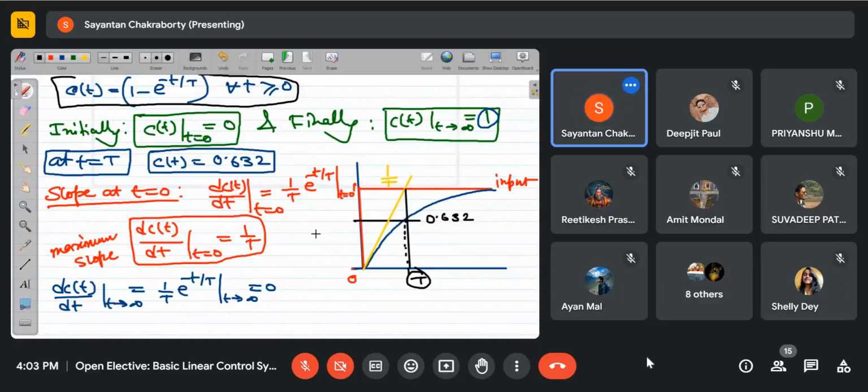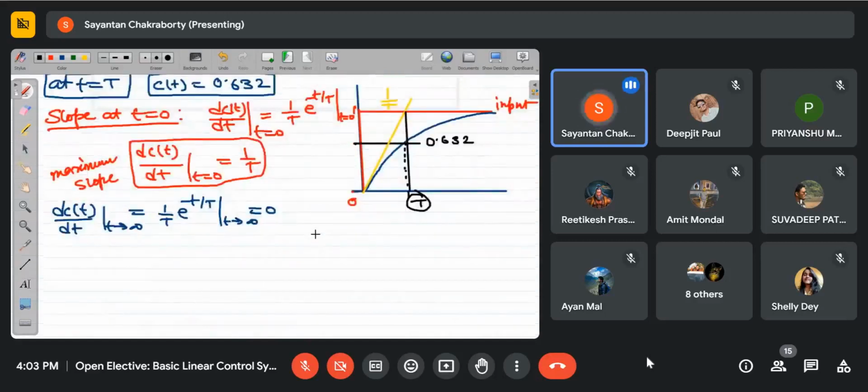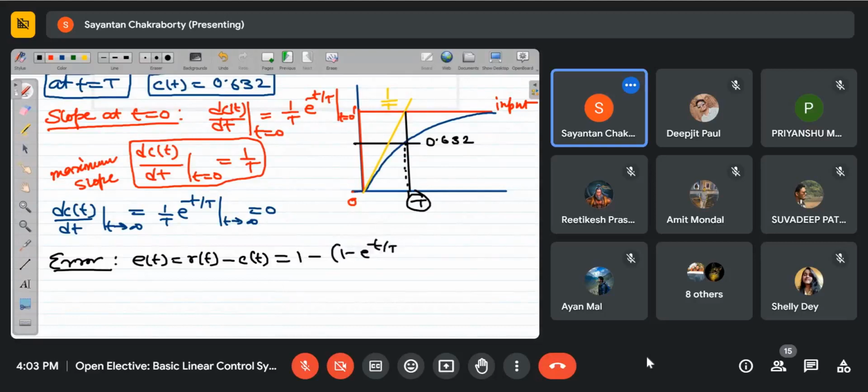Now, another thing we should also consider is the error, where R(t) is the input, and the error is equal to e to the power minus t by T. So how will the error change? At t equal to 0, what is the error?